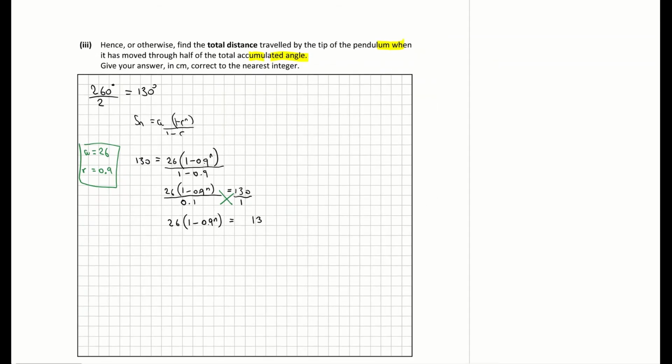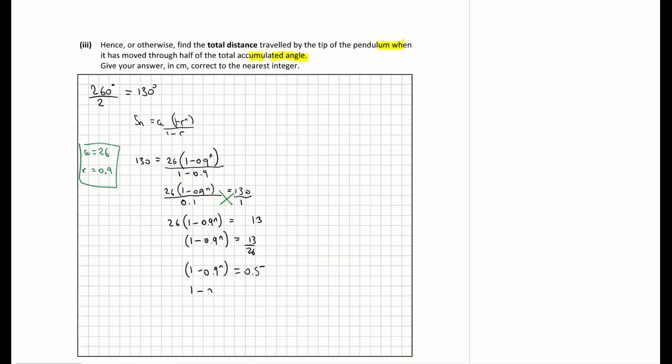Okay, next thing I'm going to do is divide across by 26 to isolate that power of n as much as I can. So that's equal to 13 over 26, which is a half. So that's 1 minus 0.9 to the power of n is equal to a half, or 0.5. I now want to find the value of n. I don't need those brackets anymore, because I've gotten rid of that 26. I'm now going to subtract 1 from both sides.